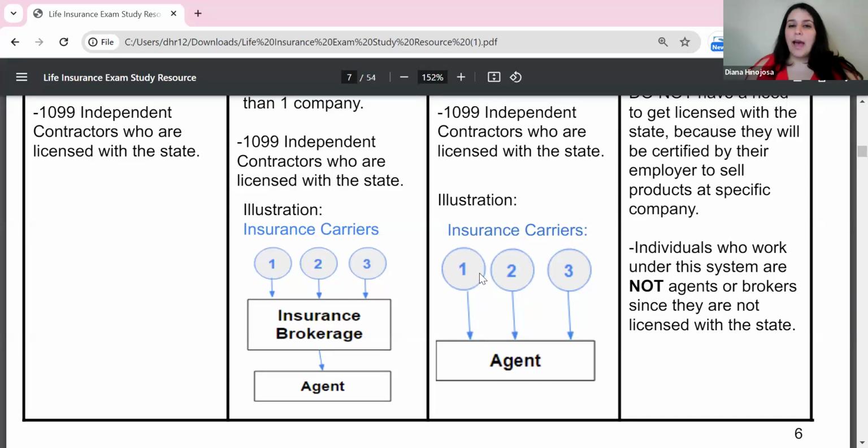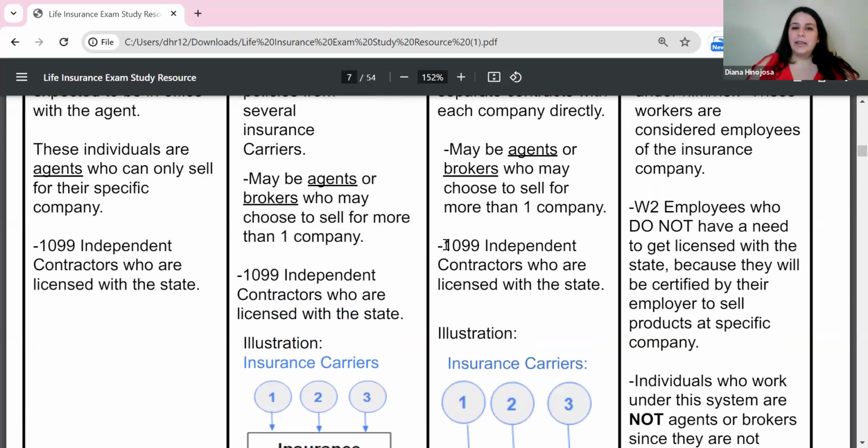So now I can be a broker for all 3 of those companies, or I can just say, you know what, I just want to work with my company number 1 with Mutual of Omaha and continue with that one company. But this person is a 1099 agent. The companies are going to pay them with commission. And again, they set their schedule, they set their hours, they work from wherever they want. They are truly independent. They have no manager.